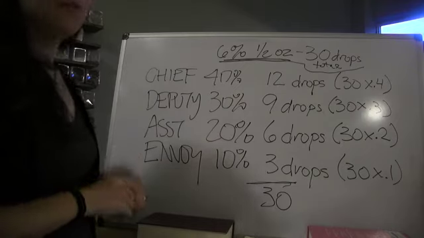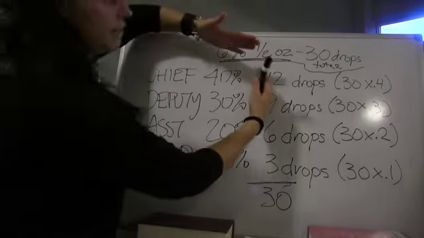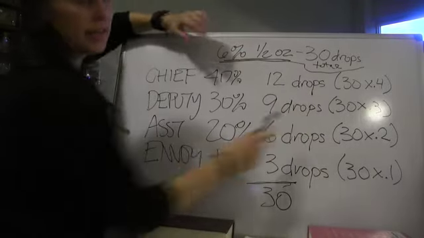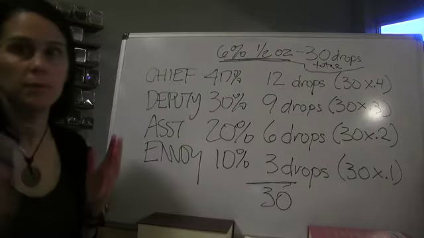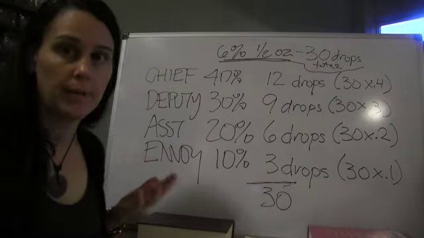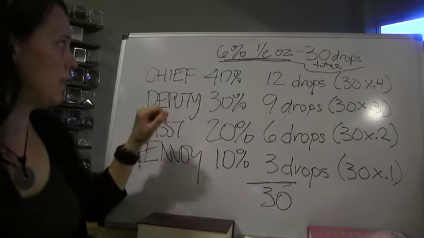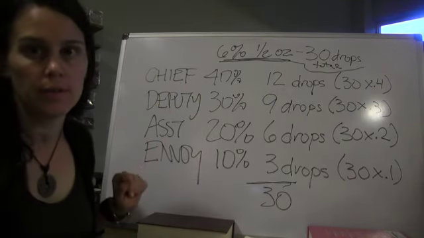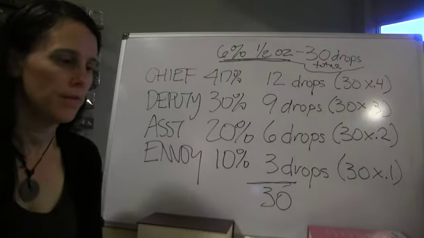And again, like I said, if you're not diluting this formula, if you're not putting it in a carrier oil, you can forget about all of this and just focus on this. You just decide however many drops you want, and then make sure that 40% of those drops are the chief oil, 30% are the deputy, 20% are the assistant, and 10% are the Envoy.